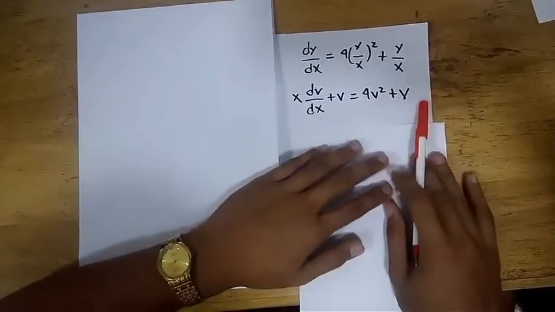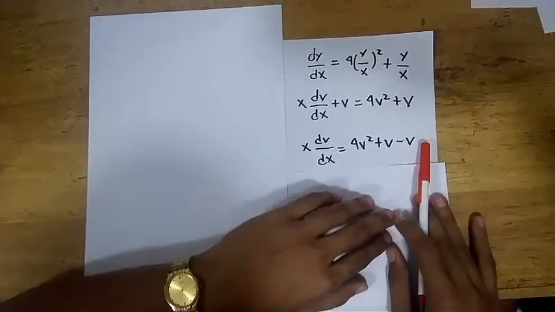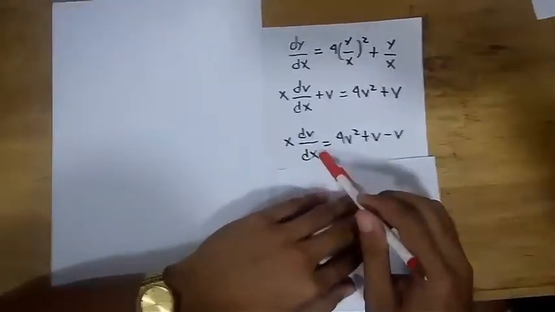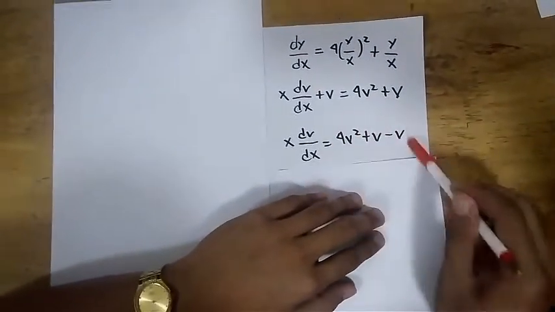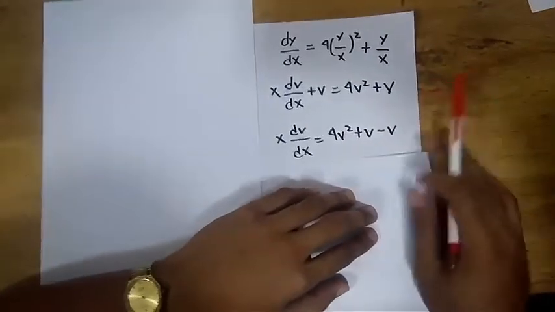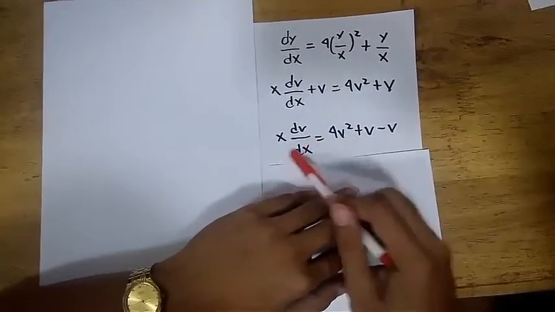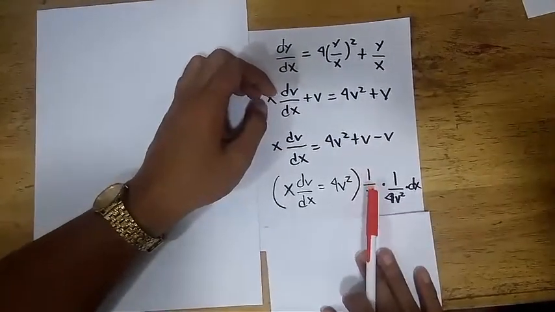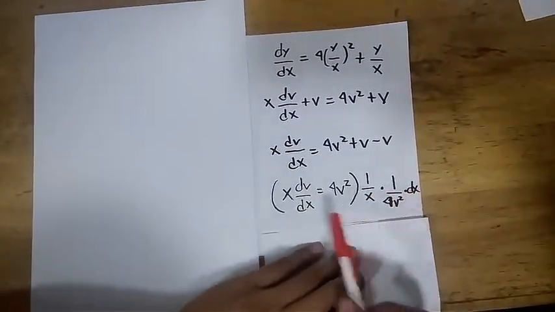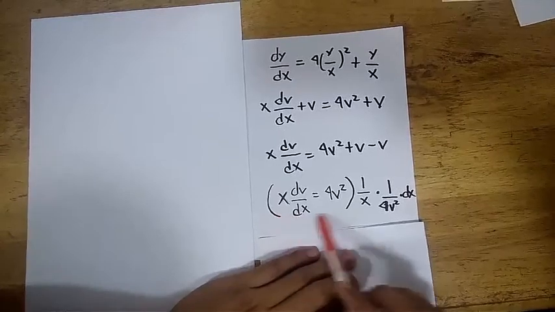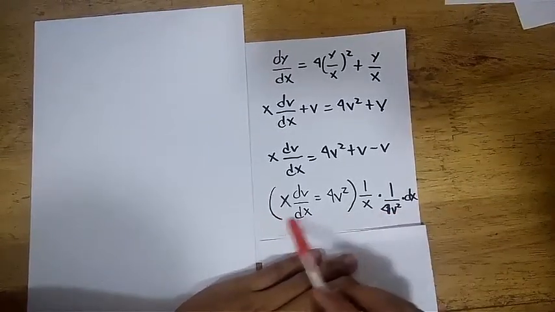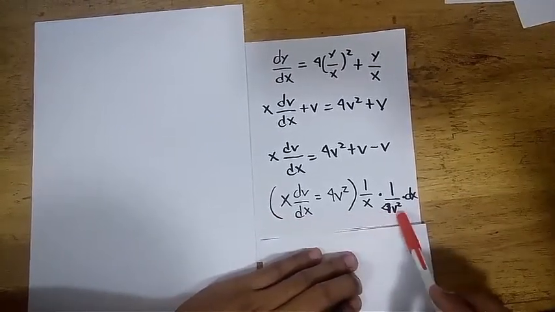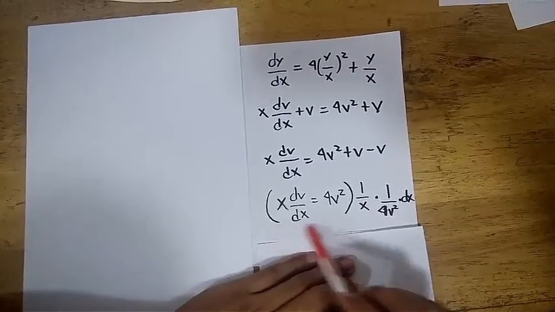So let us move the v on the left side to the right side. So x times dv over dx equals 4v squared plus v minus v. As you can see, we could eliminate the v by subtracting it. So our formula now will be x times dv over dx equals 4v squared.